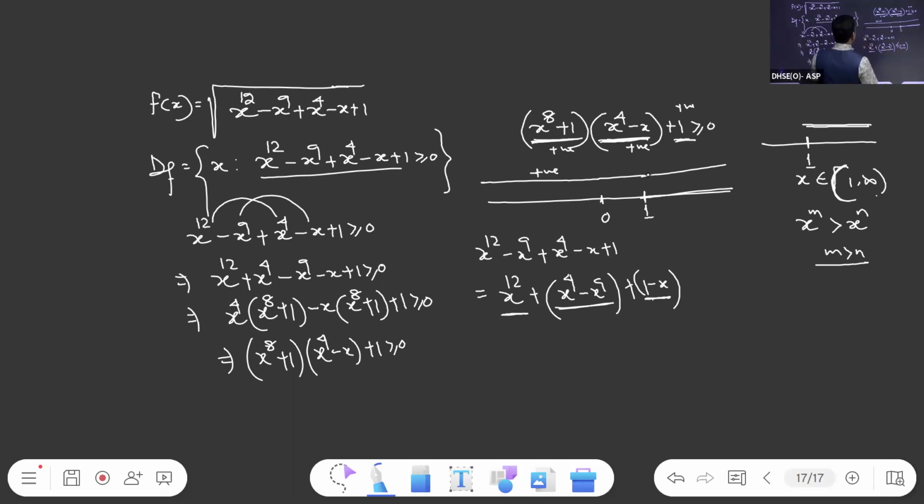So the expression is greater or equal to 0 when x belongs to R. So we can say the domain of the function is R. I hope it is clear to you.